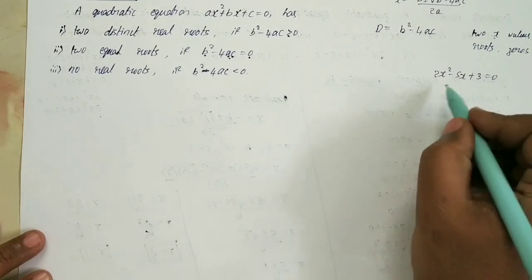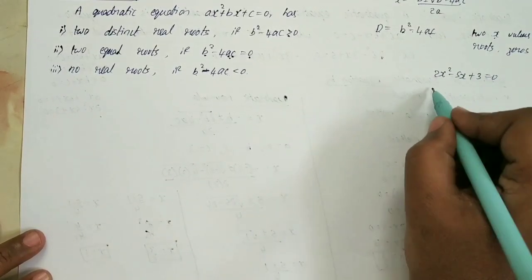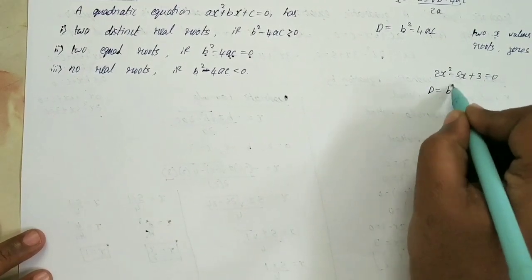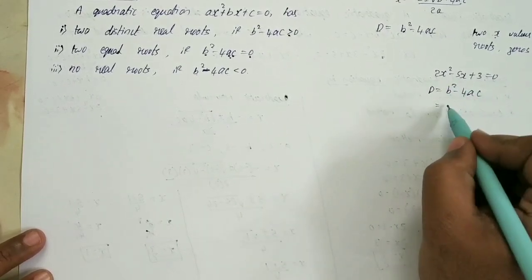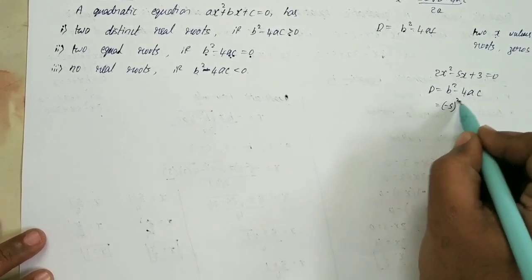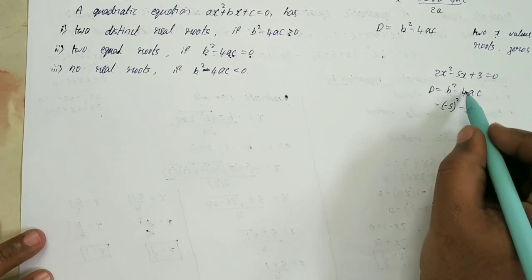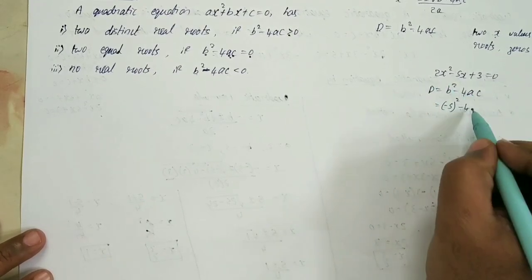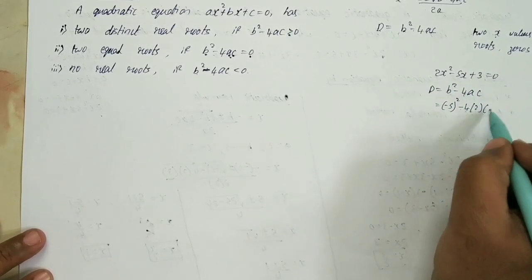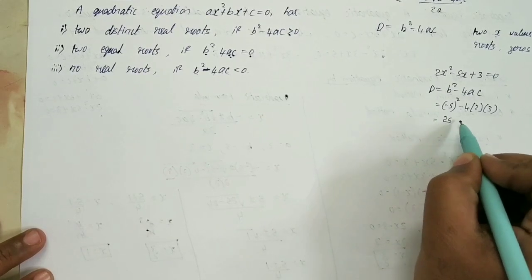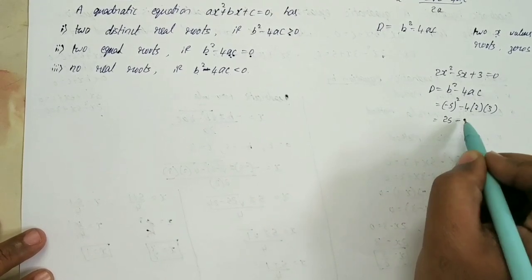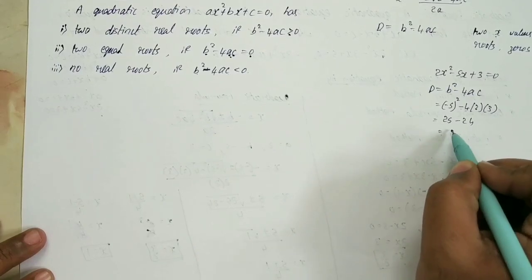We will find the discriminant for this equation. The discriminant is equal to b square minus 4ac. What is the value of b? Minus 5, right? So I will substitute minus 5 in place of b. What is the value of a here? 2. Then what is the value of c? 3, right? So minus 5 whole square is 25, minus 4 times 2 is 8, 8 times 3 is 24. So 25 minus 24 is 1.